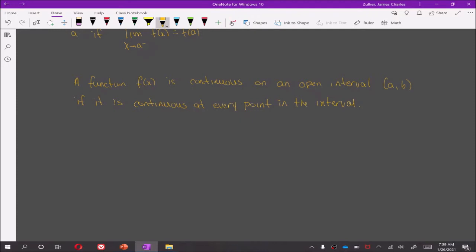So to be continuous on an open interval, it has to be continuous at every single point in that interval. And of course, that uses the previous definition.